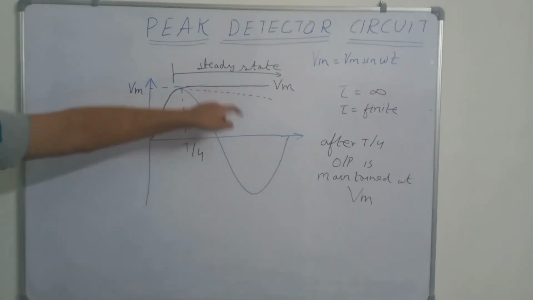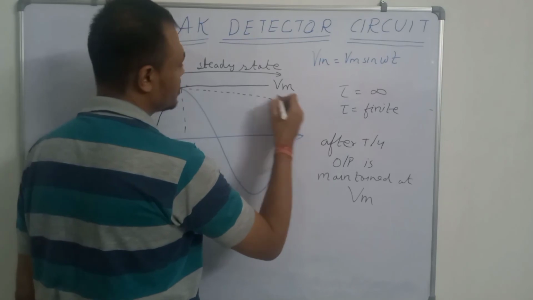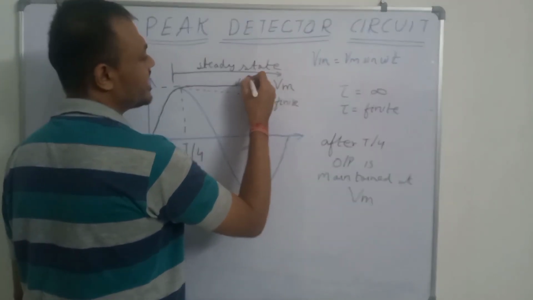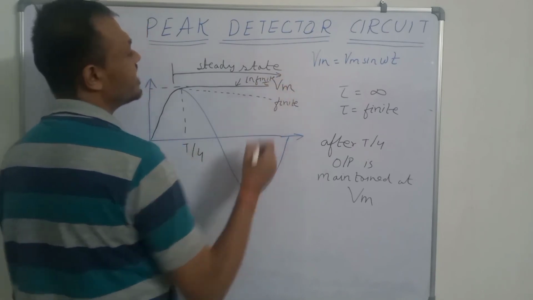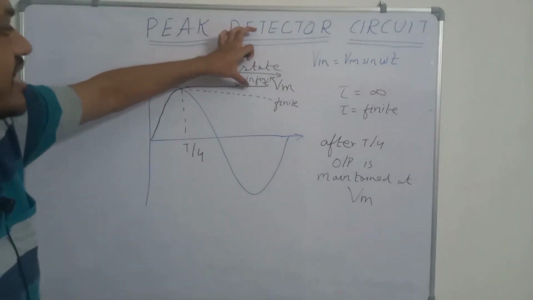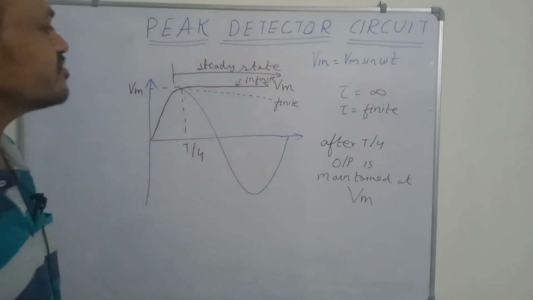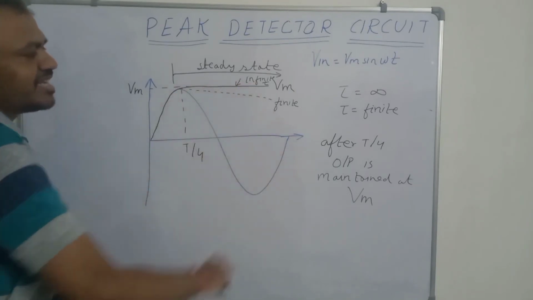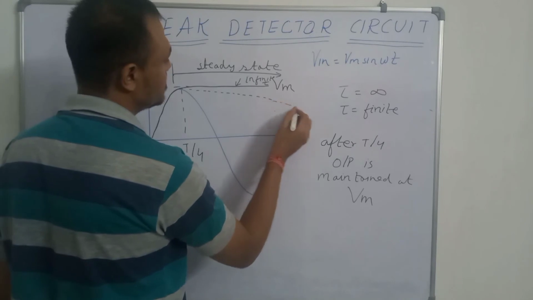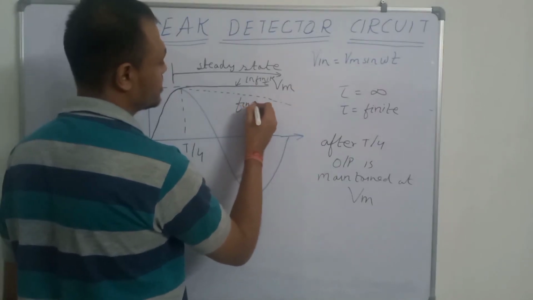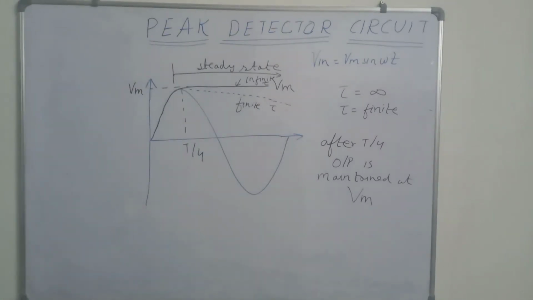This solid waveform is for infinite tau, and this dotted waveform is for finite tau, where the capacitor voltage will start decreasing.